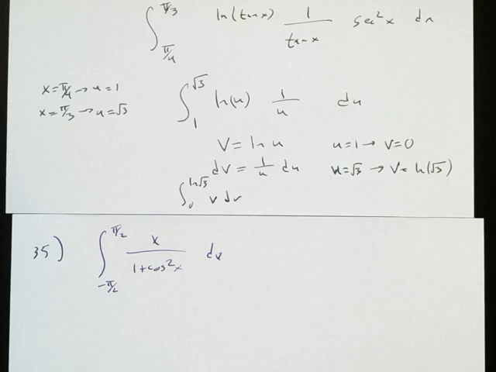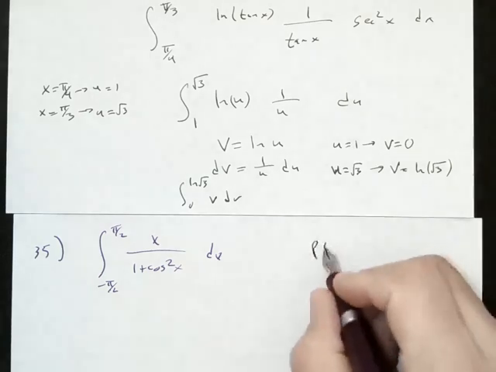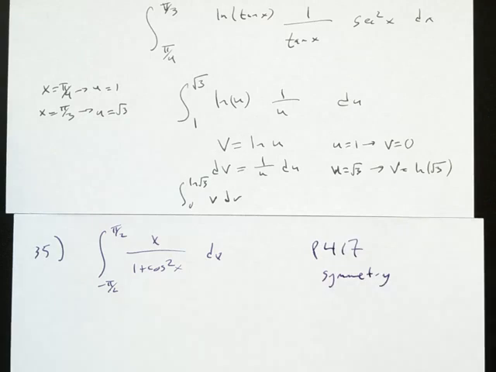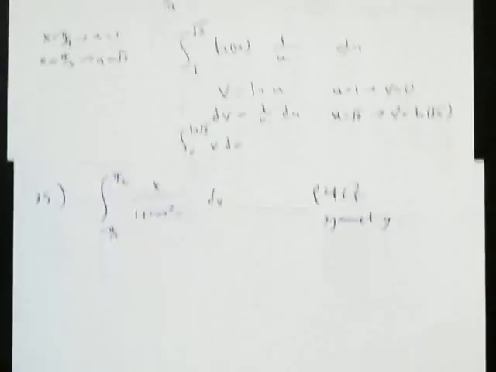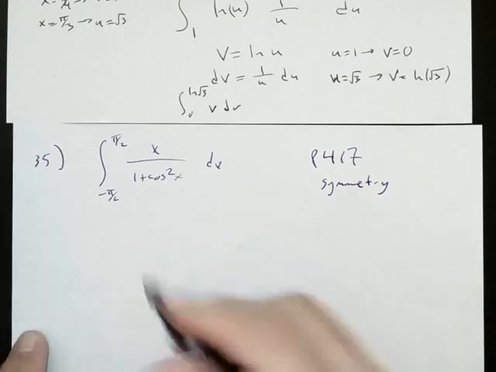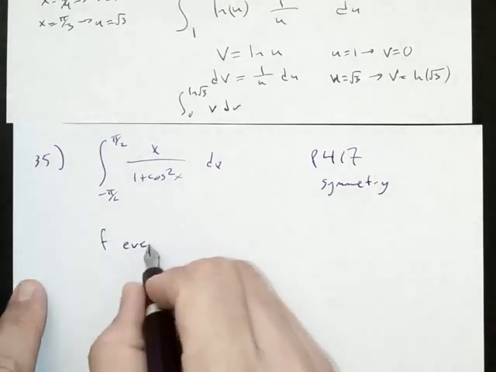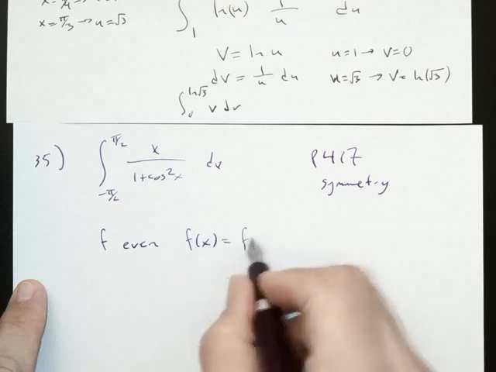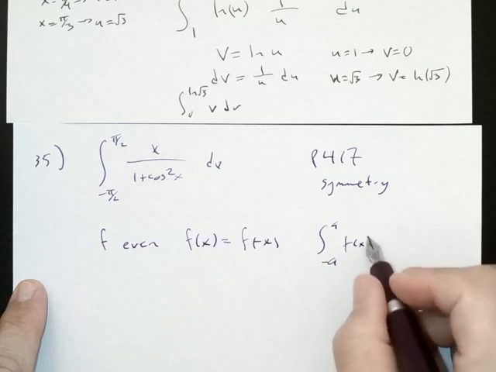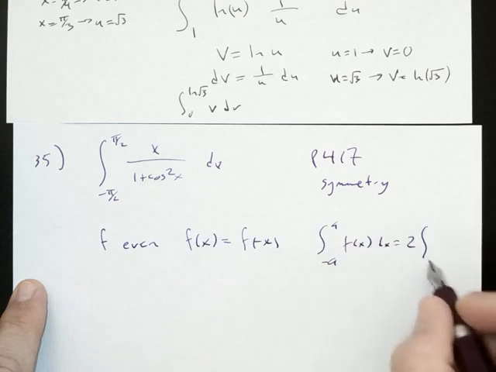What do the rules on page 417 say? Those of you that do have your book. If f is even, f of negative x equals f of x, then the integral from negative a to a, f of x dx equals 2 times the integral from 0 to a, f of x dx.